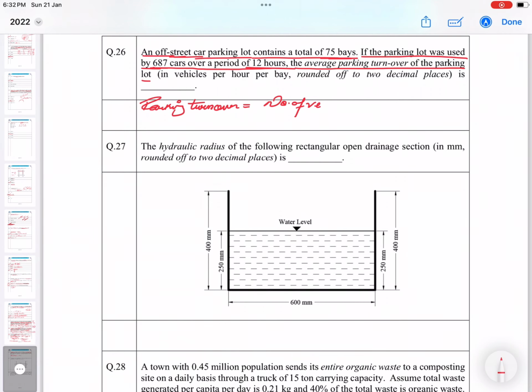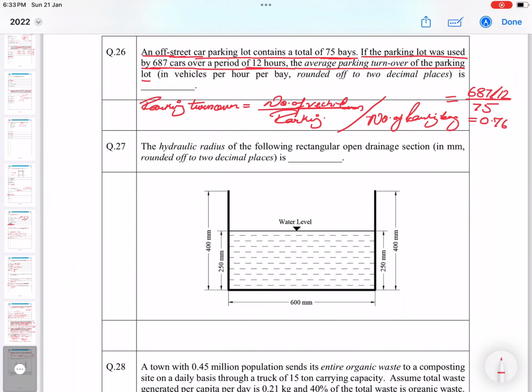The parking turnover equals number of vehicles upon parking duration, divided by number of parking bays. So 687 cars over a period of 12 hours, and the parking bays are 75.